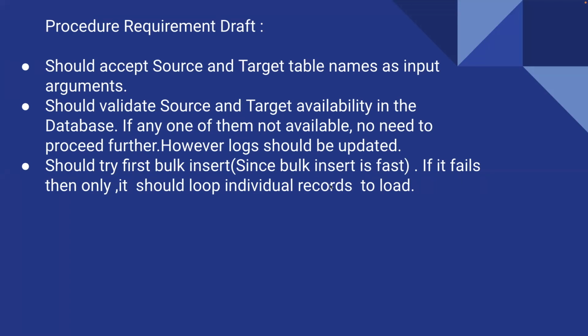Only if the bulk insert fails do we need to loop through the records one after another and load them. In real time, there might be scenarios where we just try the bulk insert, and if it fails, we let the source team know that there is an issue with the data sent from the on-prem source system. The source team might correct it and send the data back to us.